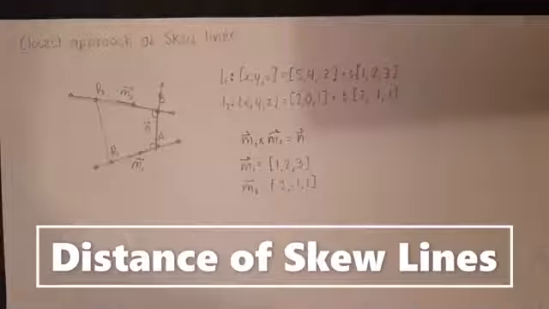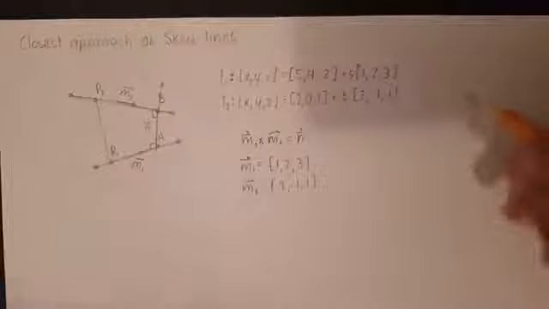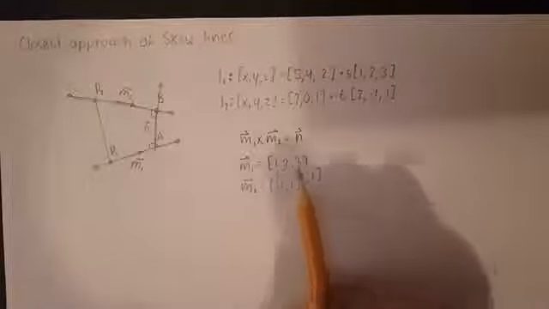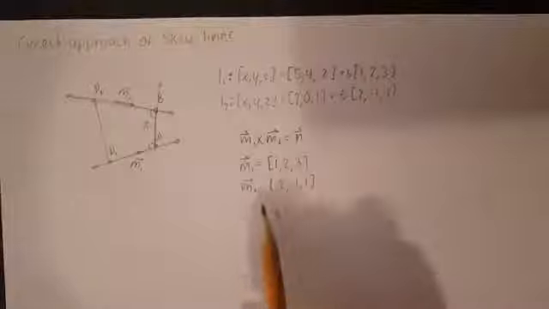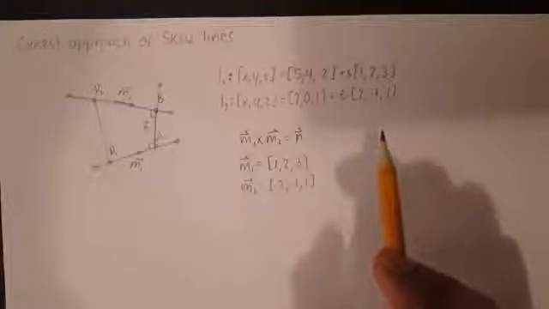Okay, now that we know that skew lines are not parallel but non-intersecting 3D lines, we can find out their closest approach. The information we have been given so far are the equations of the two lines, in which we could find M1, which is 1, 2, and 3 as given here, and M2 as 2, negative 1, and 1 as given here. Those are the directions that the line travels, and a point from each line.